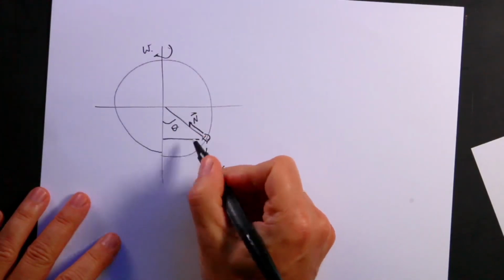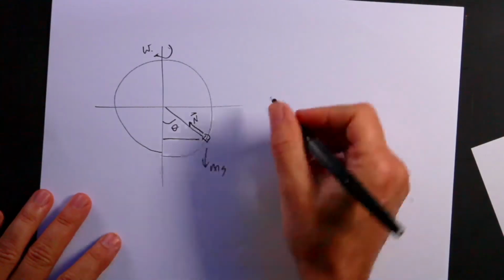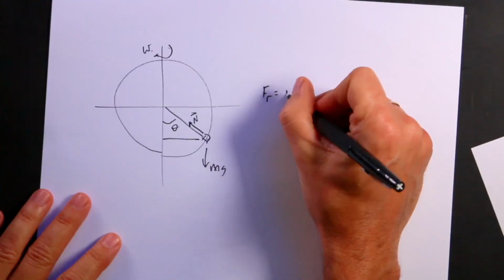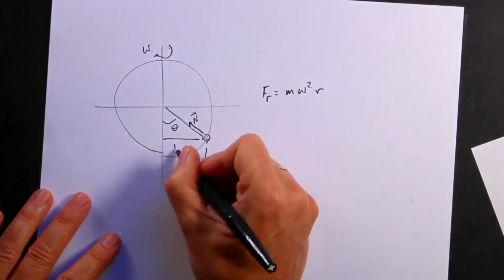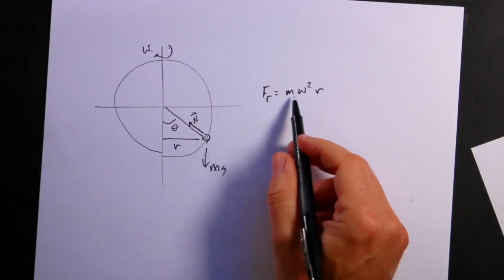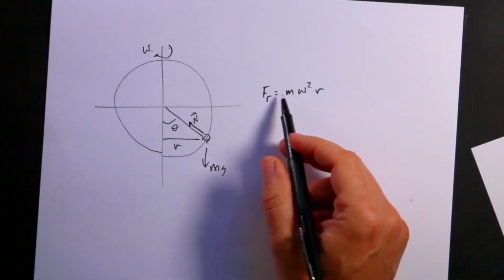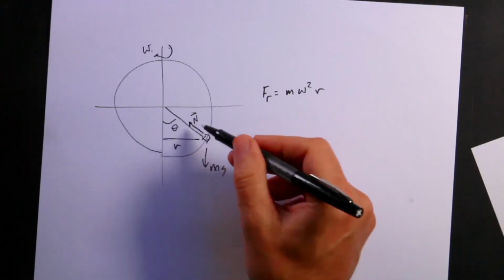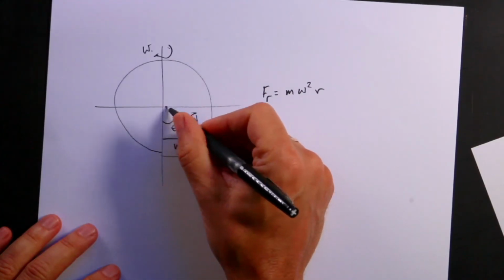So this is moving in a circle, right? And if it's moving in a circle, then I can say Fr equals m omega squared r. The radial forces have to be equal to the mass times the centripetal acceleration. Now, the radial force, gravity is pulling straight down, but the normal force does have a component in that direction, and it would be N sine theta.